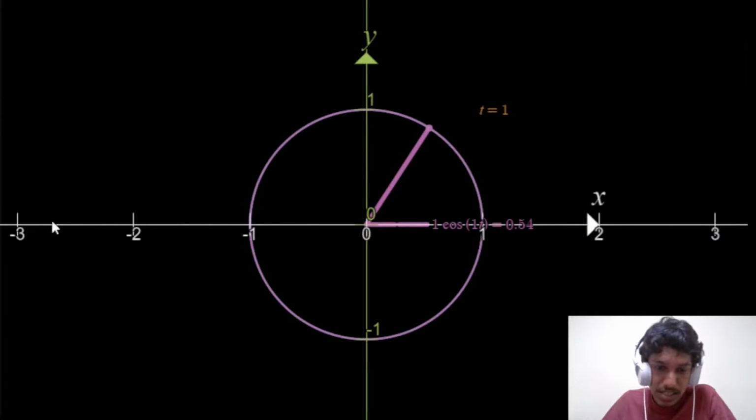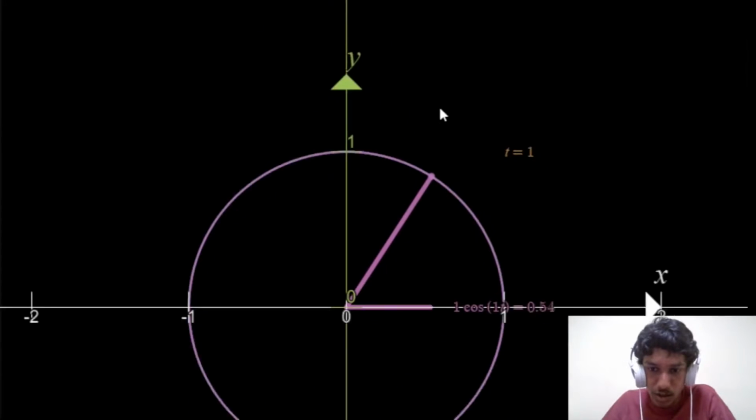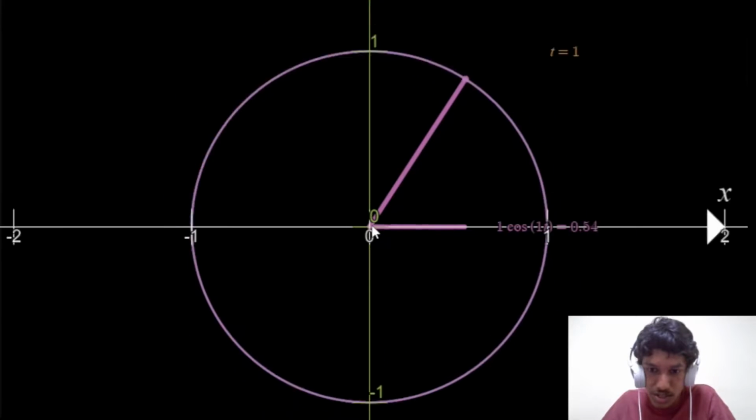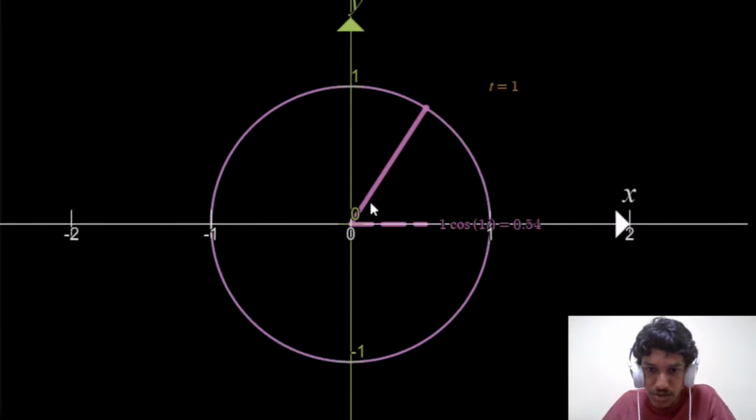So we're saying x increases this way, and y also increases upward, right? So that's what this green arrow is saying. You've got your labels, the origin is labeled twice, and then you've got this purple circle here, which is just a unit circle.